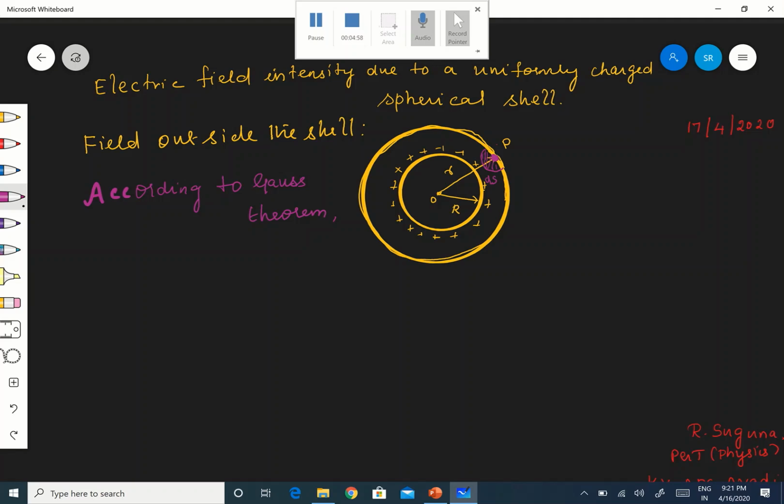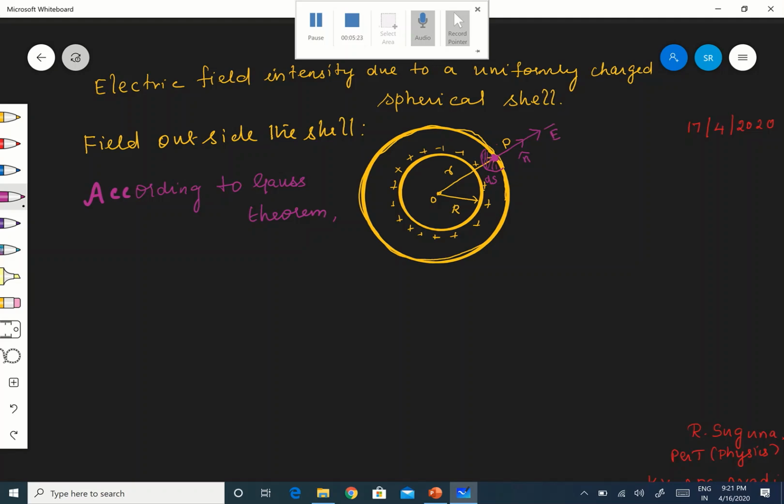There are two things we have to see. What is the area vector? The area vector will be taken in this direction, normal to the area. And what about the electric field? The electric field at this point will also be radially outward, so this will be the electric field direction also.